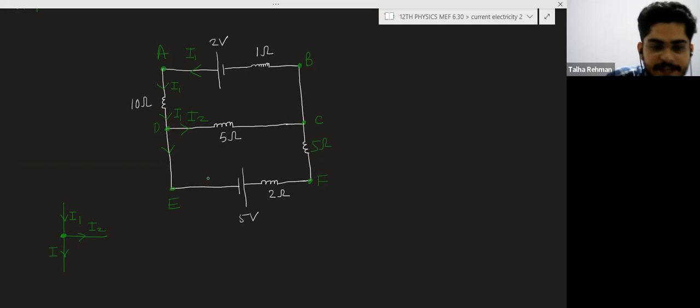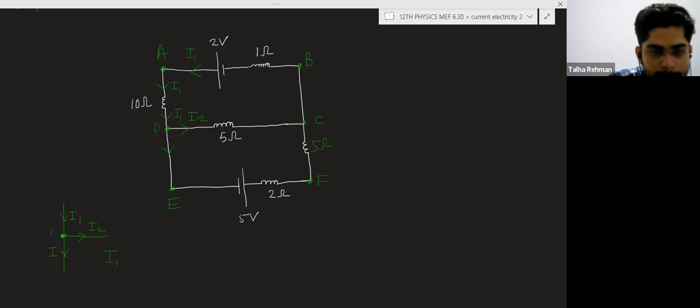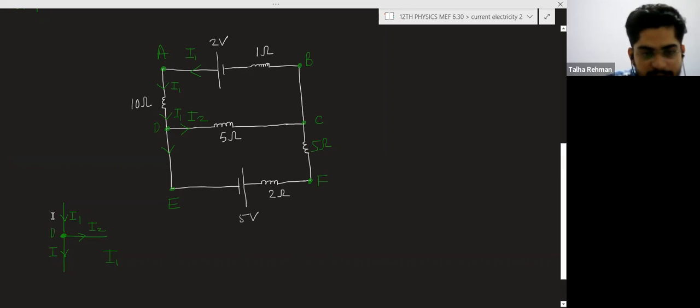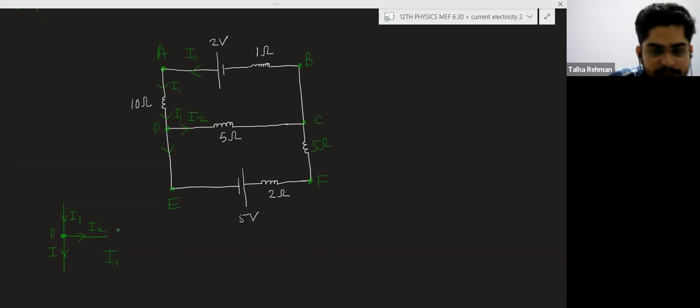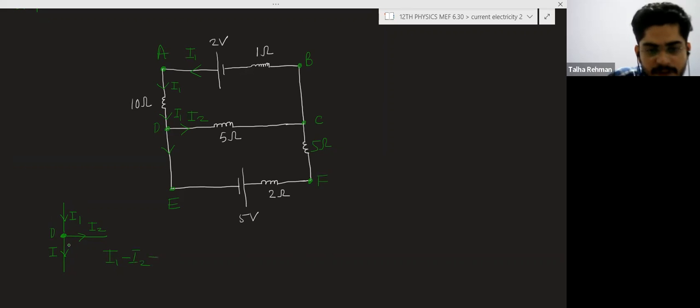Current entering you will take as positive. This is current entering towards the junction, this is the junction point D. Current entering I1 you will take plus I1, and current leaving the junction you will take minus I2, and this current I we have to find. This is also the leaving current. This is equal to 0. When you solve this equation, you will get I1 minus I2.